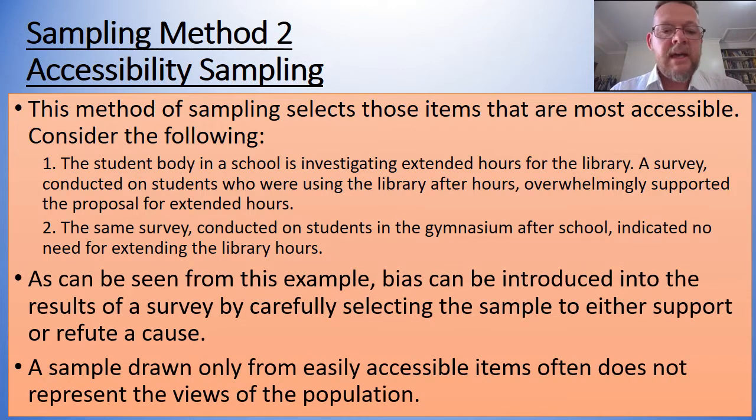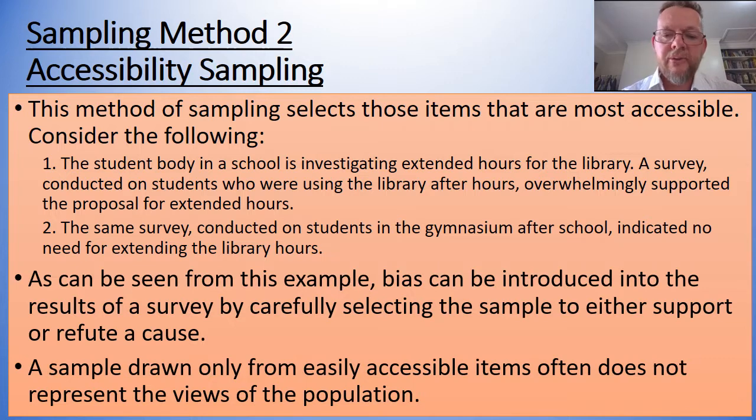So, as can be seen from the example, bias can be introduced into the results of a survey by carefully selecting the sample to either support or refuse a cause. And a sample drawn only from easily accessible items does not often represent the views of the population.